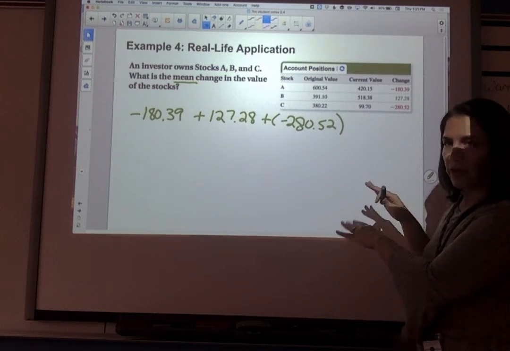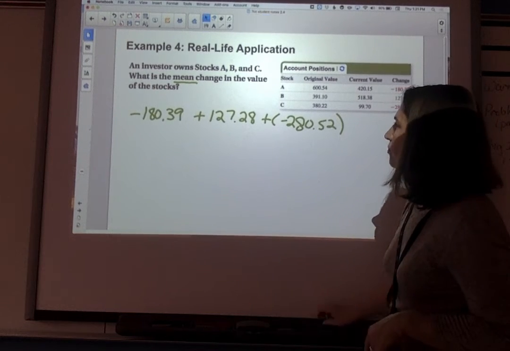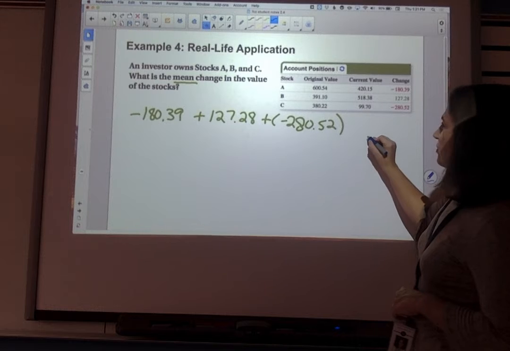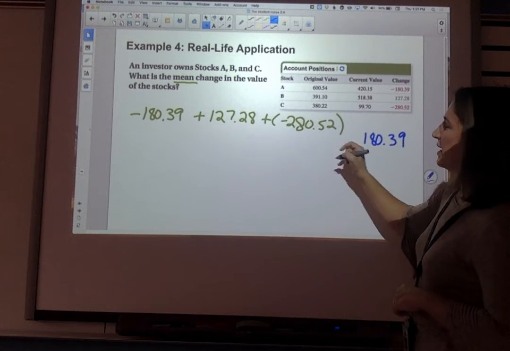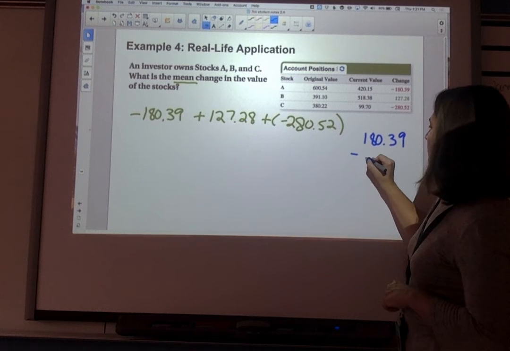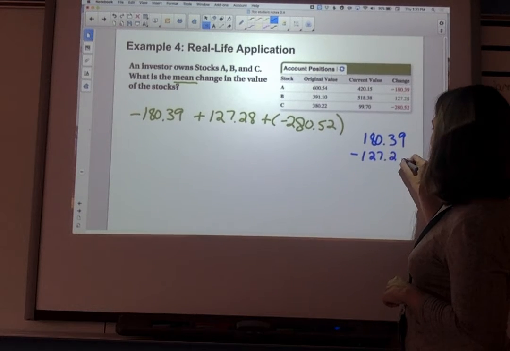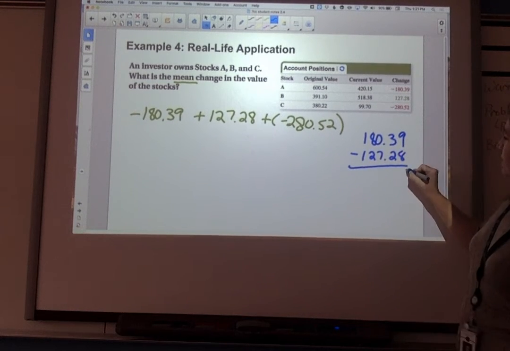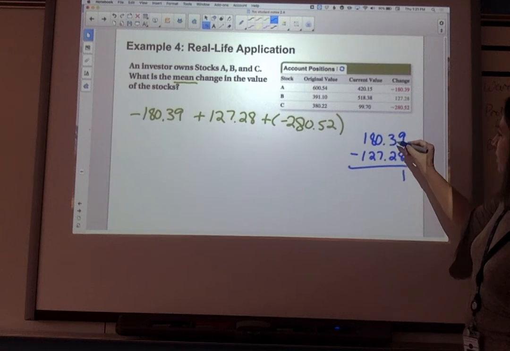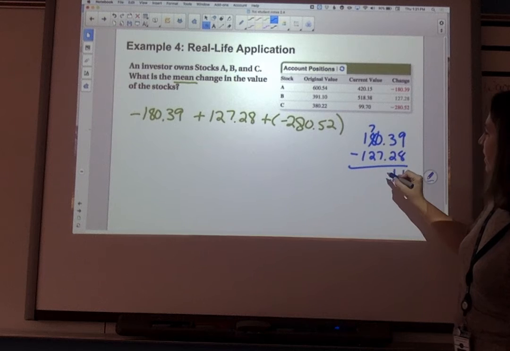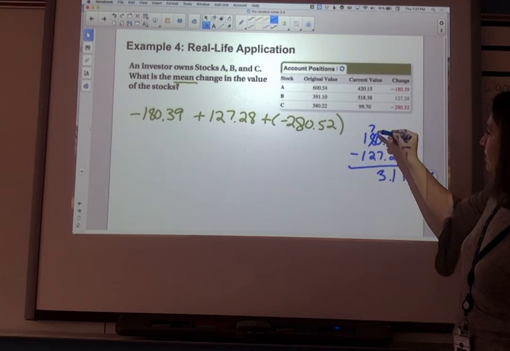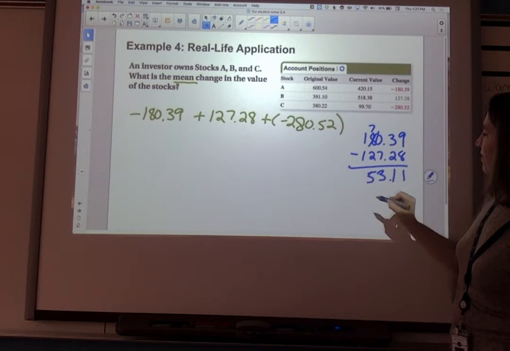Probably going to need to do some scratch work over here. You probably do too. I'm going to do my larger absolute value, 180.39, minus the smaller absolute value, 127.28. 9 minus 8 is 1. 3 minus 2 is 1. To borrow here, 10 minus 7 is 3. 7 minus 2 is 5.